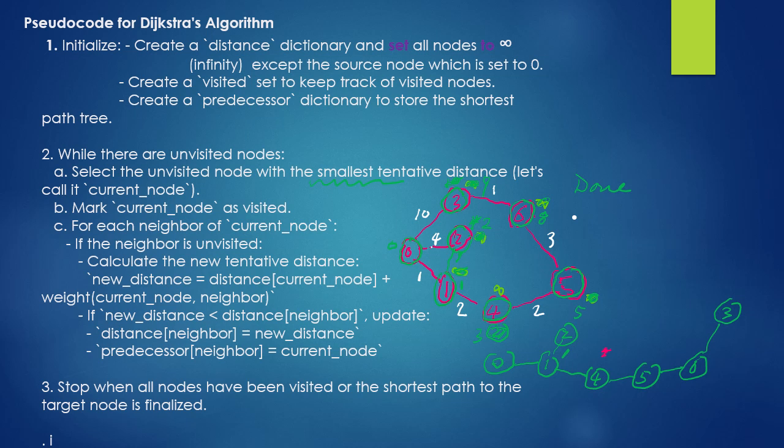This is 0, that is 1, that will be 2, that is 1, 3, 5, and 8, that will be 9. That's the shortest path. This is the shortest path tree. The shortest path tree looks like this.